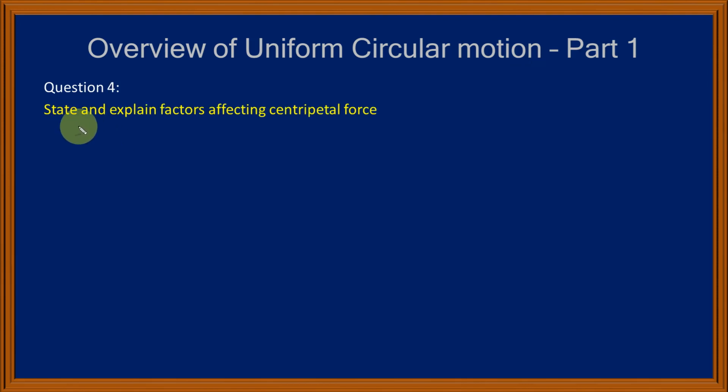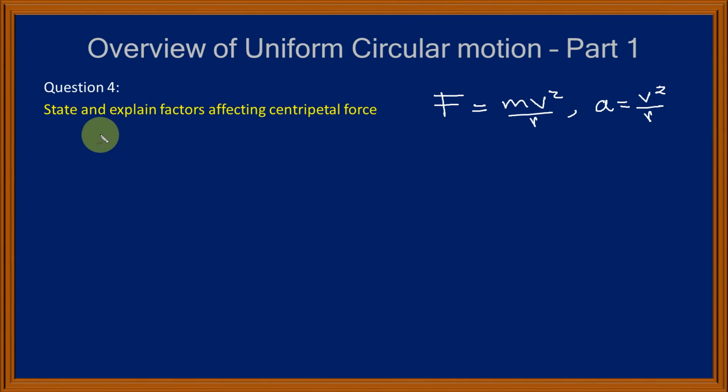Now, in question 4, we want to state and explain factors affecting centripetal force. We'll be able to understand this after we derive the equation for centripetal acceleration, because that centripetal acceleration, which is given by v squared over r, gives us two factors, and then of course the third factor is the mass.